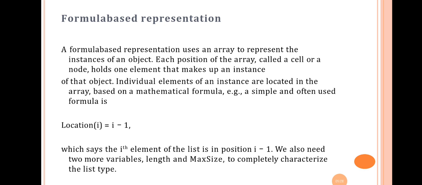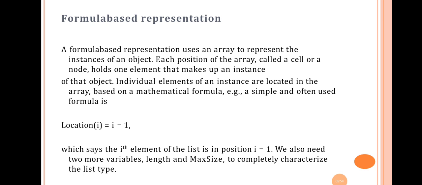Formula-based representation. Formula-based representation uses an array to represent the instance of an object. Each position of the array, called a cell or a node, holds one element that makes up an instance of the object. Individual elements of the instance are located in the array based on a mathematical formula.